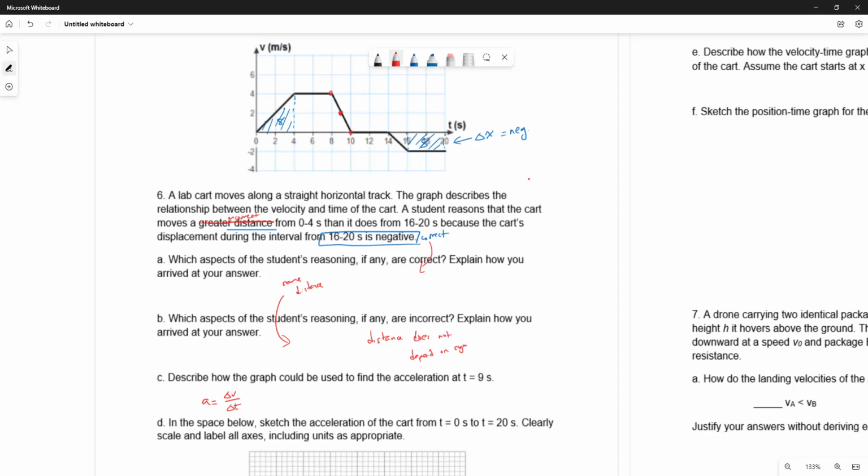So it's a straight line. And then divide by the time. Basically what we're doing here is finding the slope. So you could say find the slope, the rate of change, at t equal to 9 seconds. And that is the acceleration.